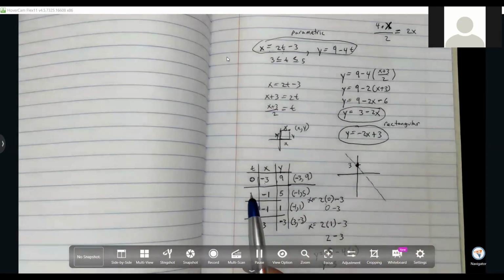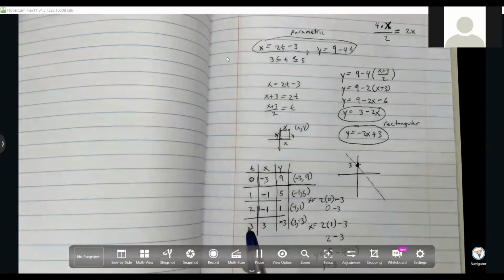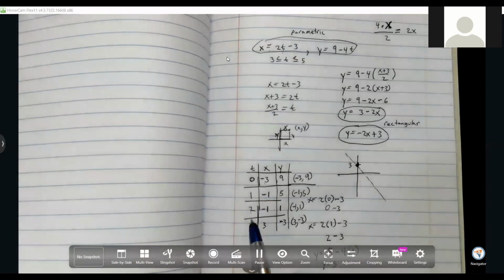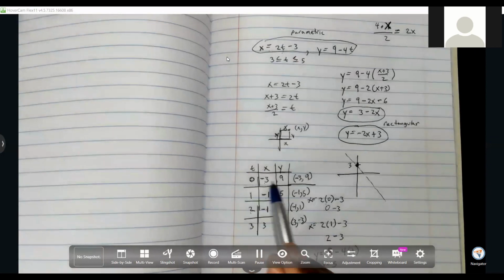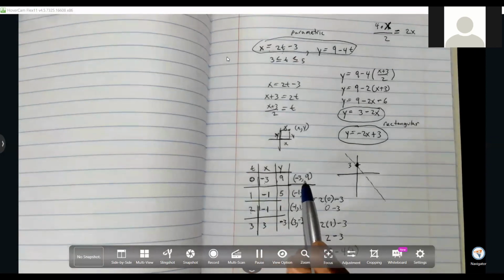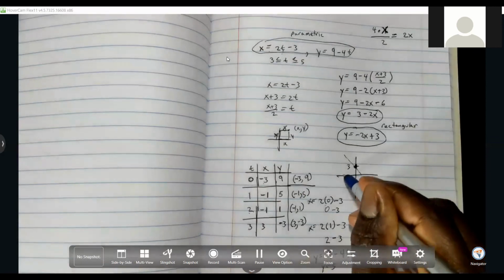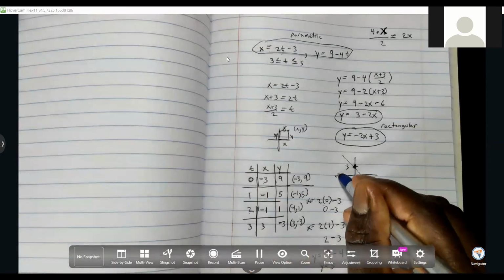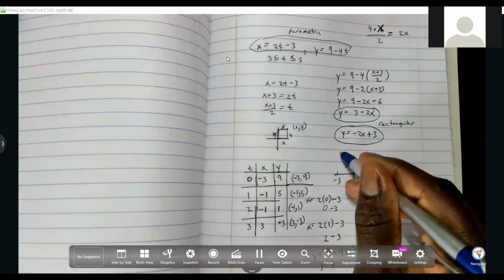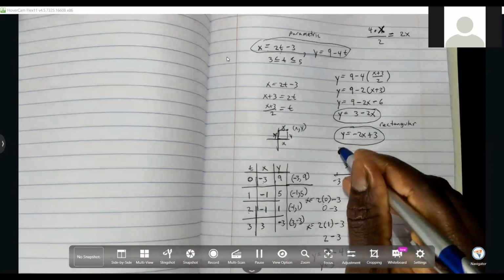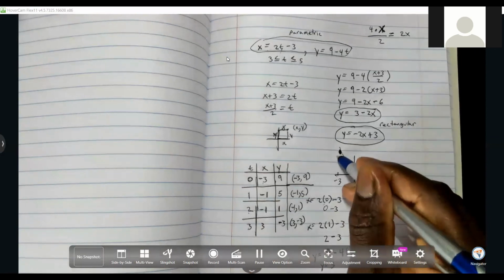Then this would be where the next point is, and so on. So this tells you what order the points go in. The first point would be at -3, 9. So -3 is over here somewhere, and then 9 is up there. So this is the very first point.